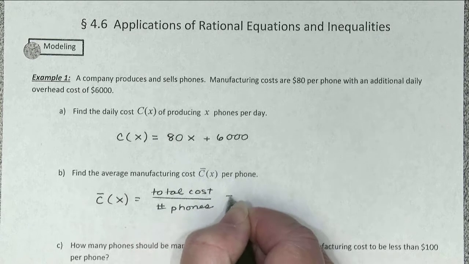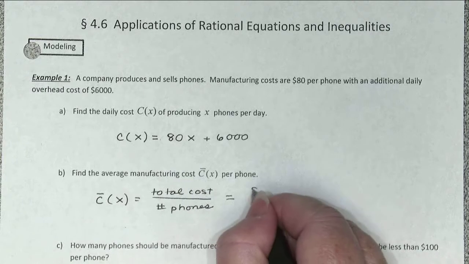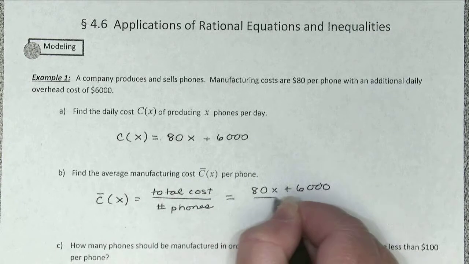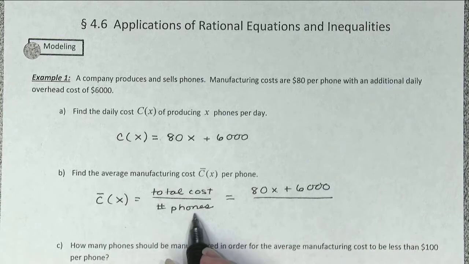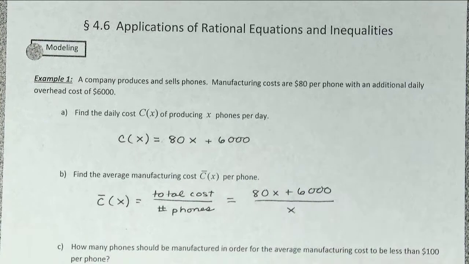Now my total cost we just wrote down, 80x plus 6,000. And the number of phones, we're making x phones per day. So there's my equation for average cost.